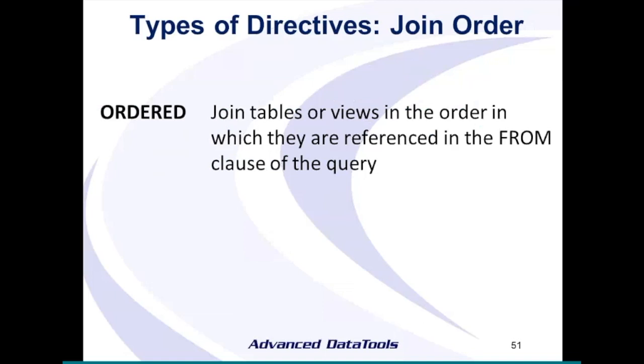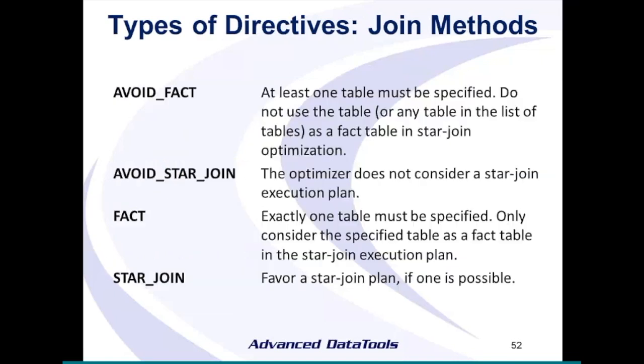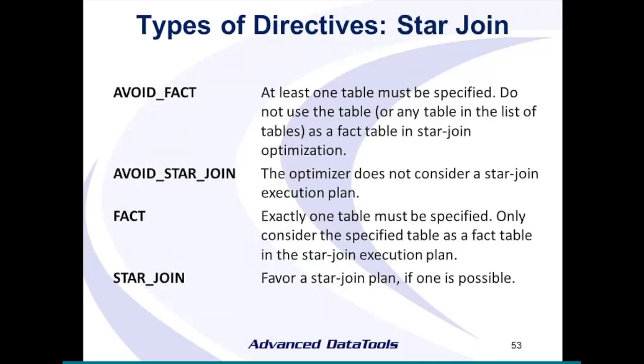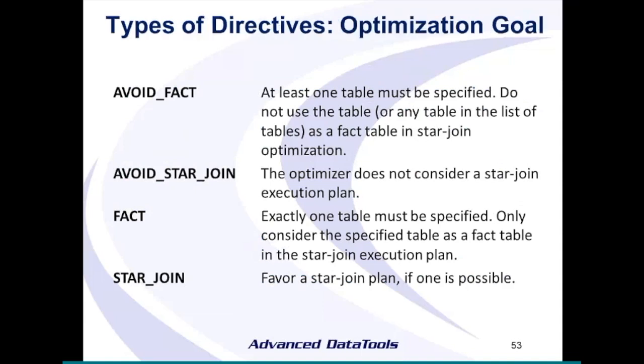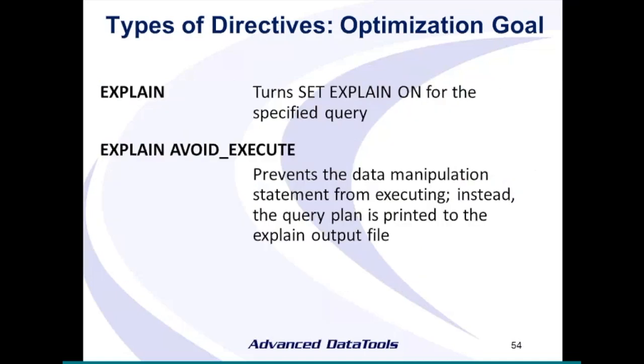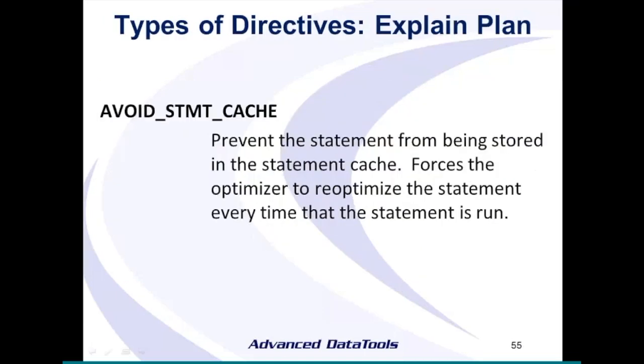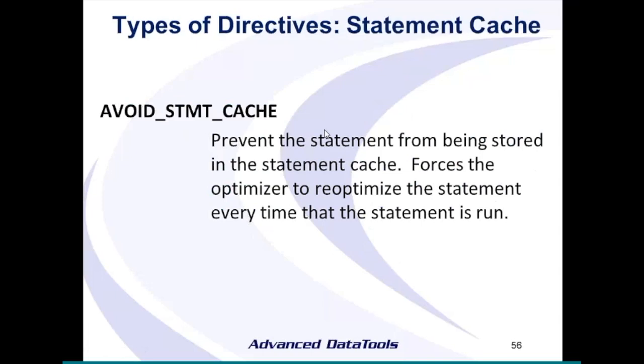There's a join method, so you can, for example, force a hash join or avoid a hash join. There are directives that impact star joins, optimization goals, get the explain plan by using a directive, and directives to say, do not go to the statement cache, or do not store this statement in the cache.